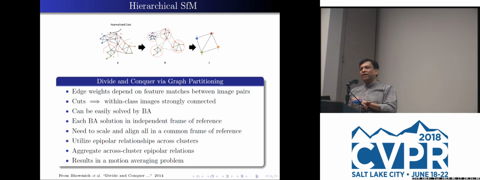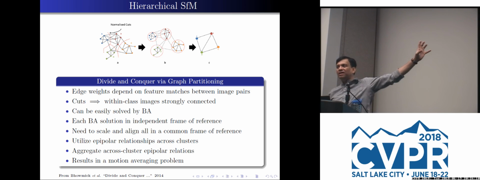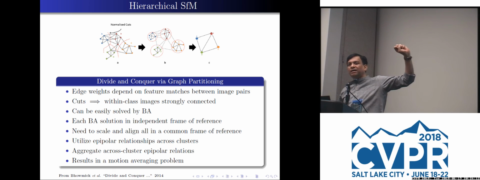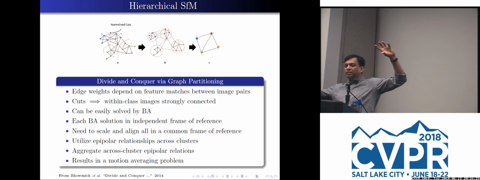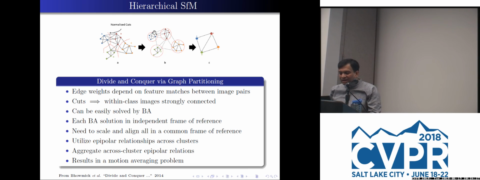I don't care how I do it. I have some way of doing it. Let's say I do bundle adjustment for all I care. I solved it. So now what do I have? I have 4 individual pieces of the overall solution solved, right? I know individually what they look like. The remaining part of the problem now is aligning these with respect to each other, because they've all been solved in their individual frames of reference, right?